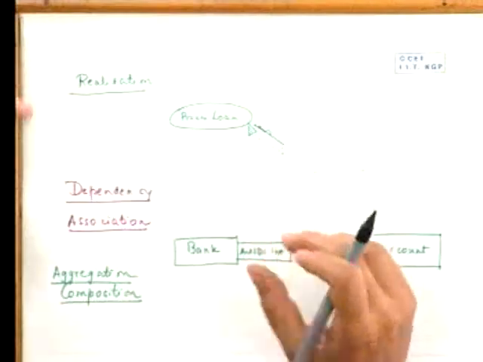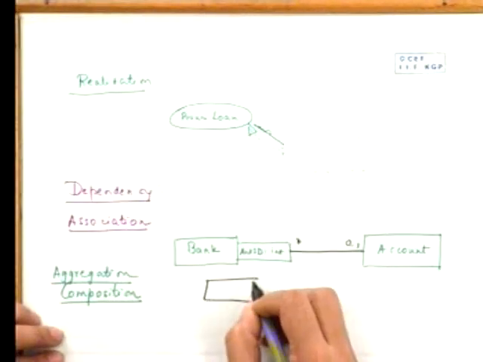A composition relationship is denoted by a solid diamond on the whole part of the relationship. For example, composition relationship holds between two classes when one class is a part of the other class, and the lifetime of the component is the same as the lifetime of the whole. So these types of relationships have some special name which is called a composition relationship.